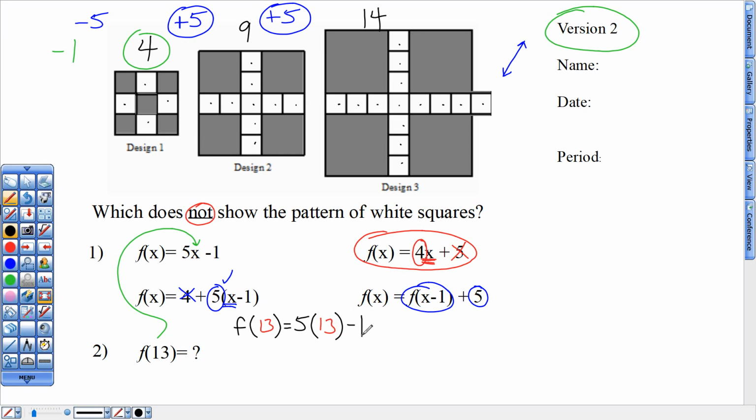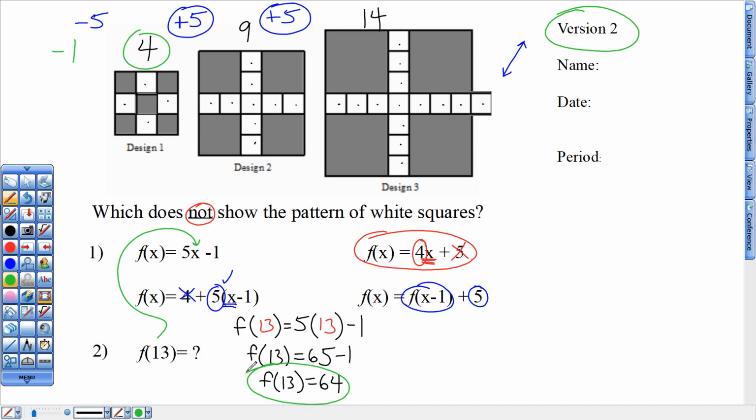So 5 times 13 gives me 65 when I plug in 13 for x, and then I'm going to take away 1 from that, which tells me at step 13, I'm going to have 64 white squares if I keep going in this pattern.